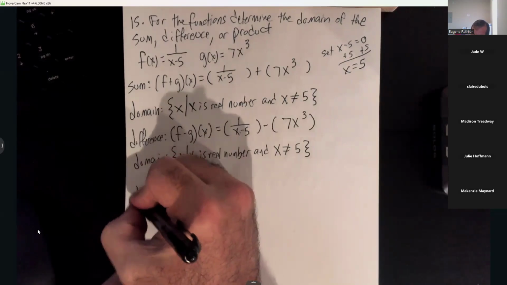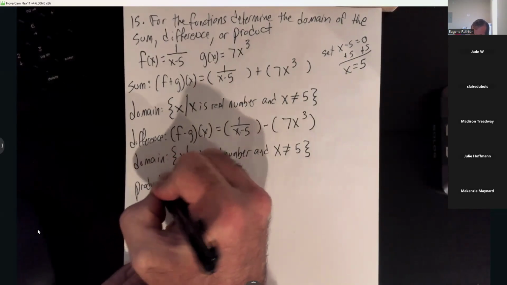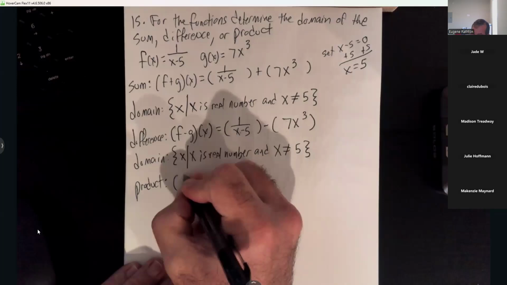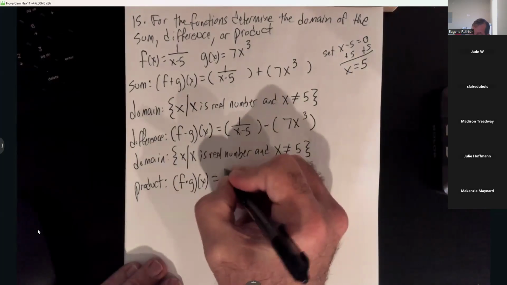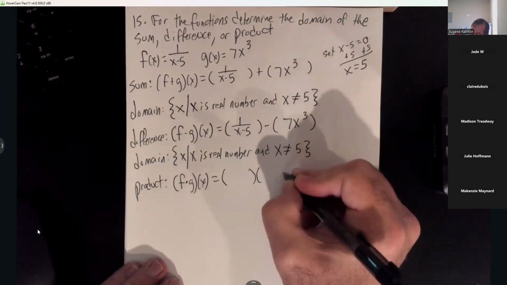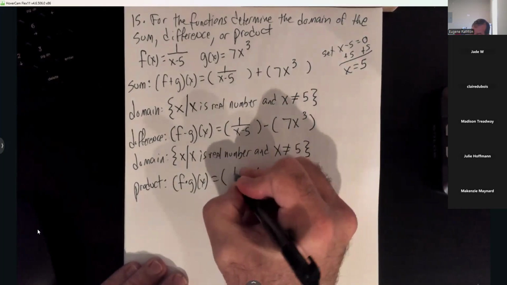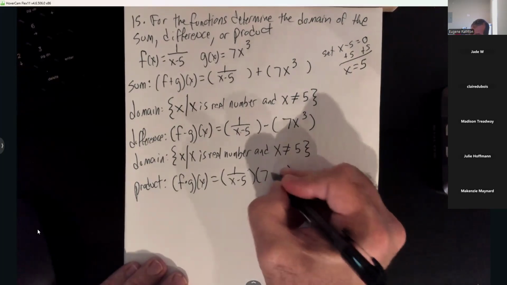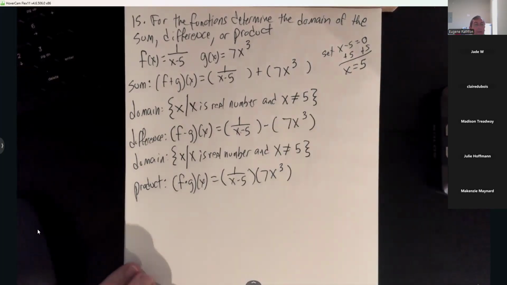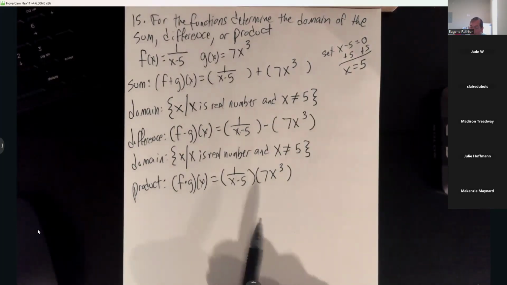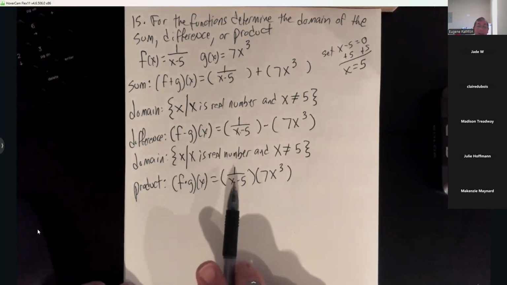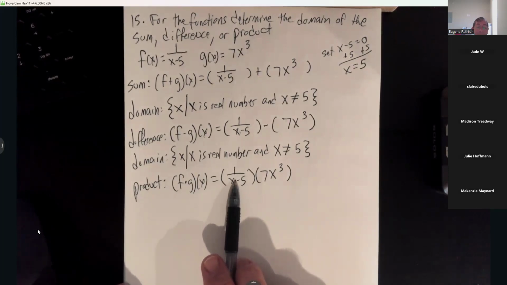All right, then you had the product. F times g of x will equal your f times your g. So 1 over x minus 5, g was a 7x to the third. But once again, you got the same fraction sitting here, and that x still cannot equal 5.